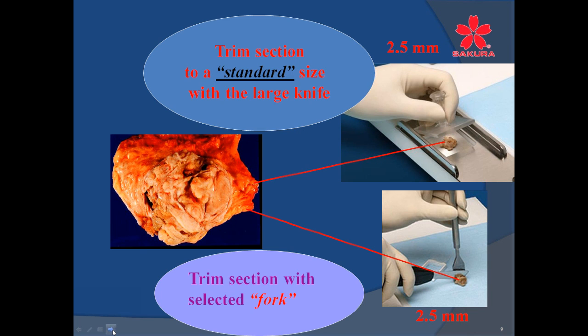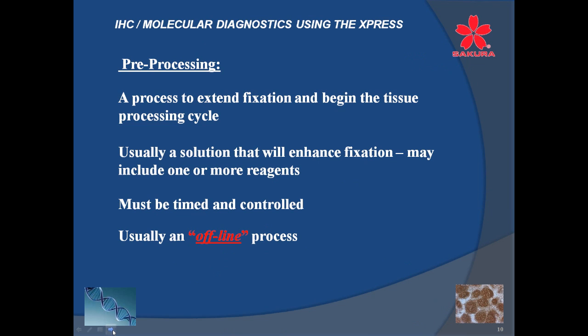If you take a look at this organ here, and again, this is another schematic just showing you the size of sections you can use and the templates and the unique tampers and tools to give you the size. 2.5 millimeters is a very good size to have sections somewhat standardized to make your work better in processing and the end results of slides very unique and well done.